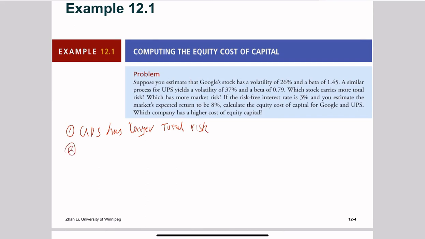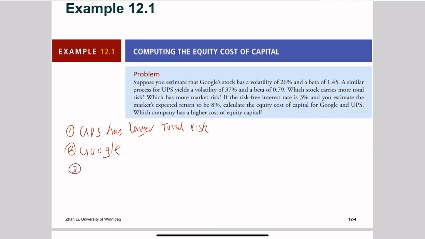Second, which has more market or systematic risk? We know beta is a measure of systematic risk. And here Google has a beta of 1.45. So the answer to the second question is Google.